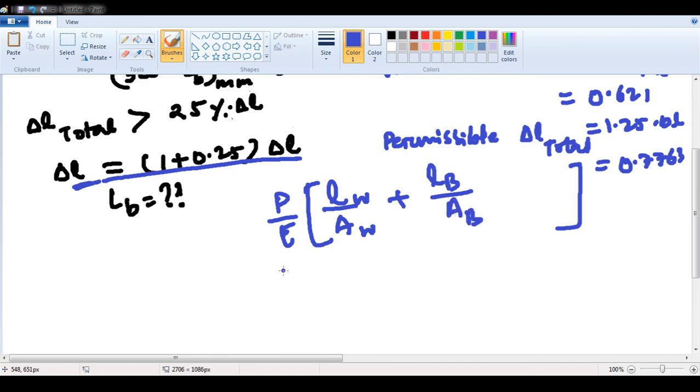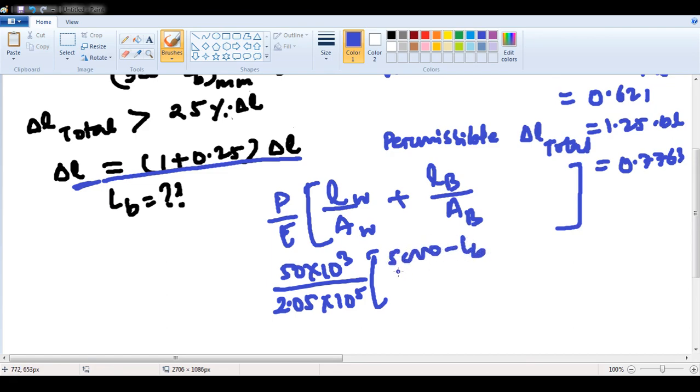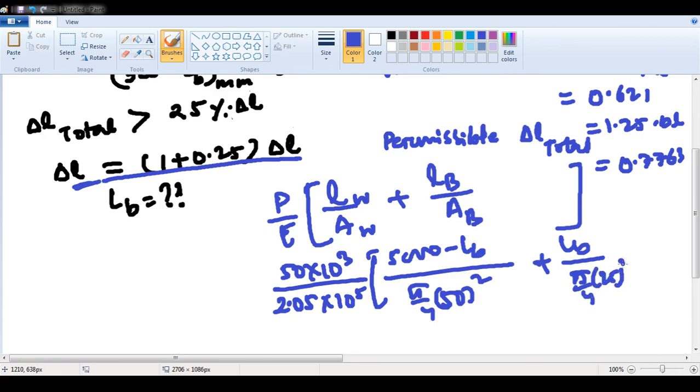P is 50 into 10 power 3, E is 2.05 into 10 power 5, length is 5000 minus LB, divided by pi by 4, 50 square, plus LB over pi by 4, 25 square.